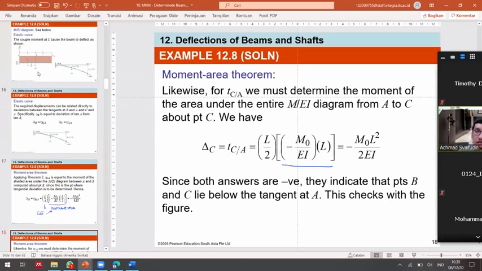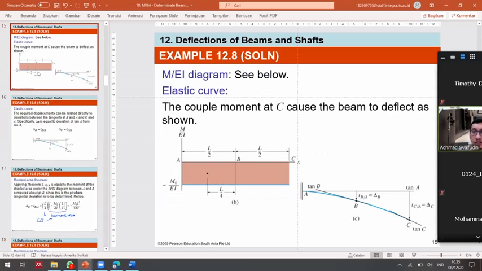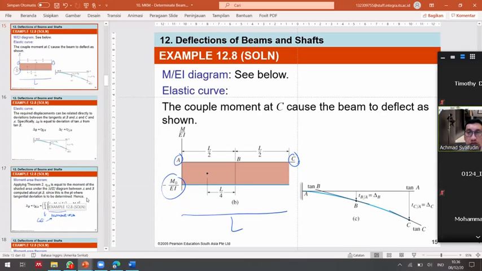A to C. So the total is L times this one. Then we have to multiply with the center of gravity of this area.